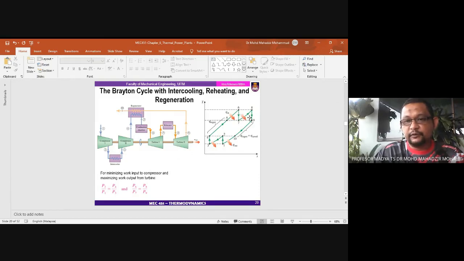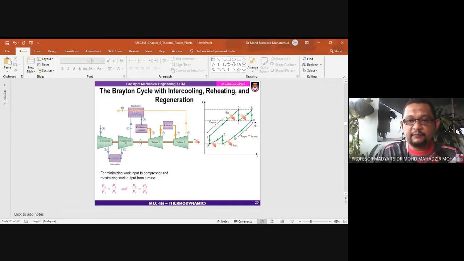So in this system we have two work outputs: between state 6 and state 7, and between state 8 and state 9.